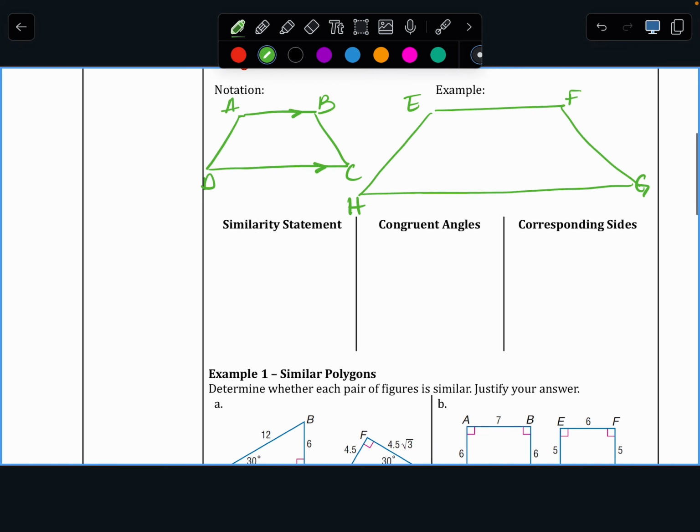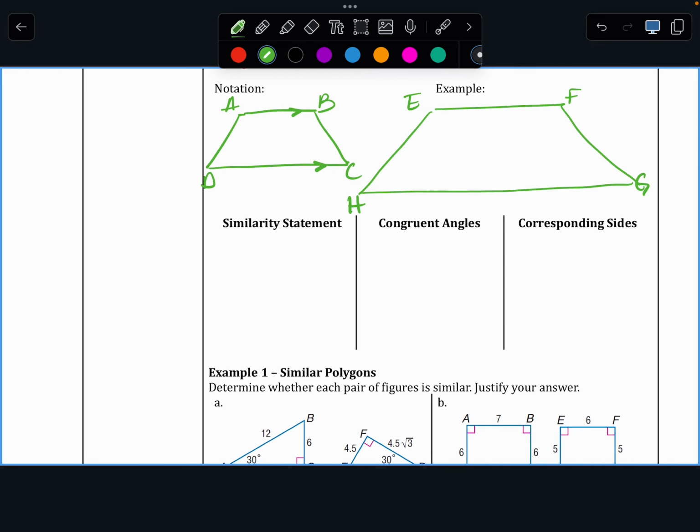So we're going to, Owen, I want you to name the first polygon. You pick the order. Owen, I'm talking to you. Name the first polygon.